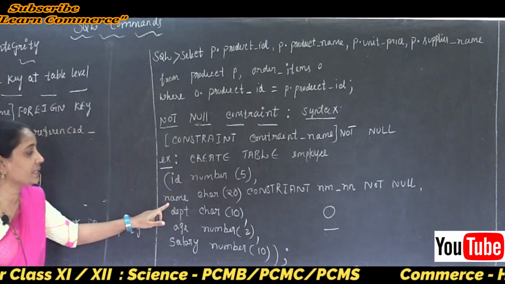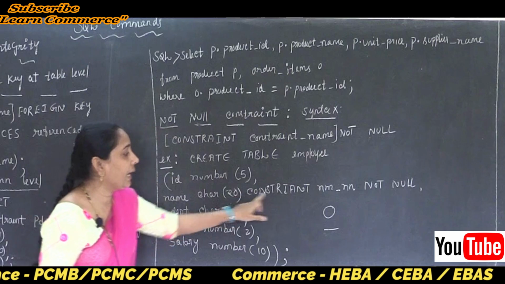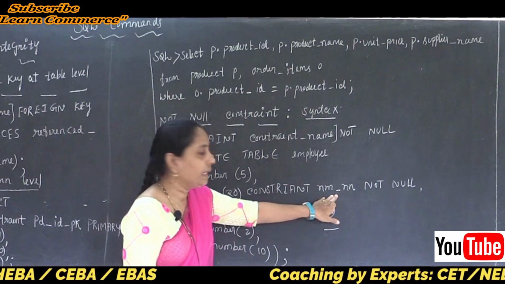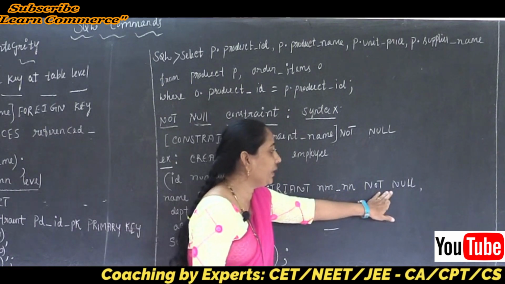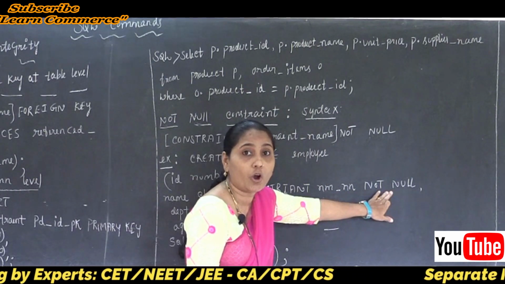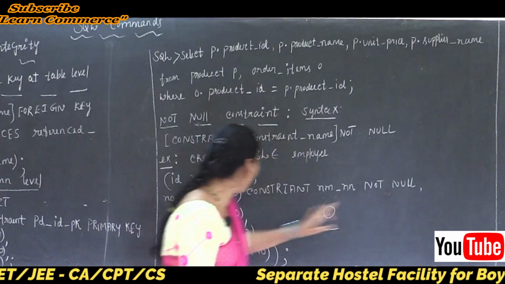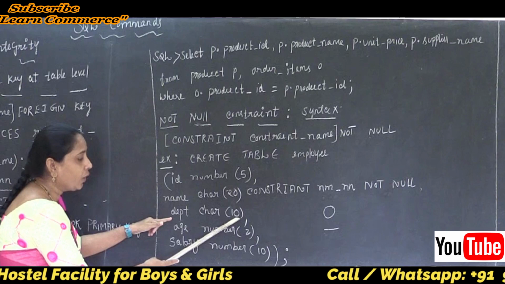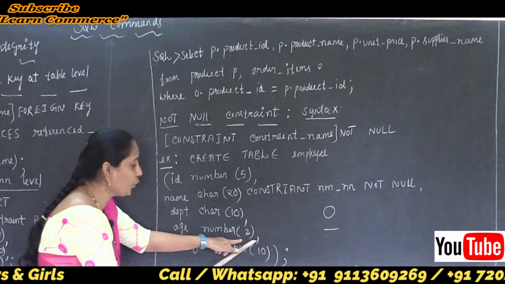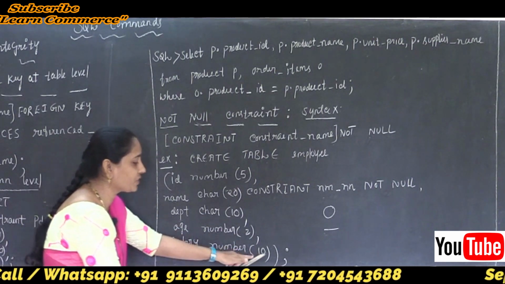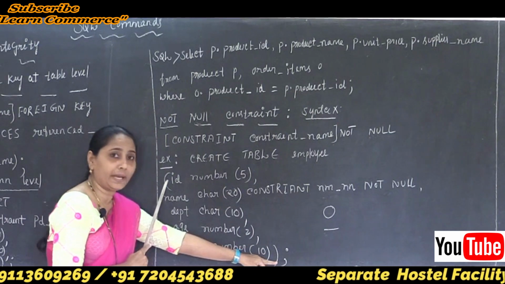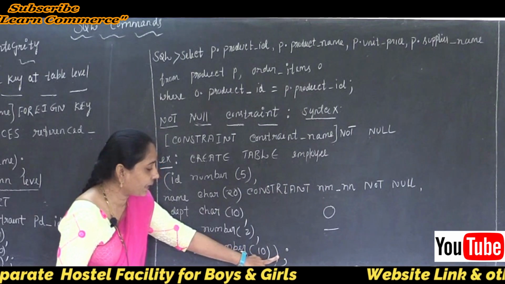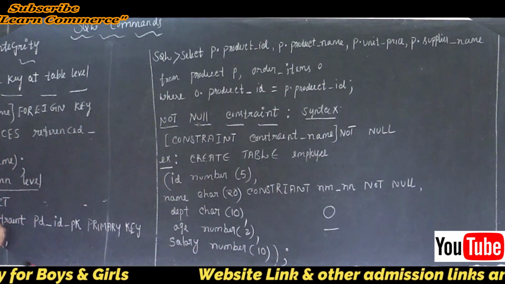Next one is name char 20 and constraint, maybe the constraint name is nm_nn, simply we can use anything, and we apply the rule, the rule is not null, comma. The third column is department char of 10, comma, age number of 2, comma, salary number of 10. Why? Because I opened the bracket before the ID, so such bracket is going to close by using the semicolon.